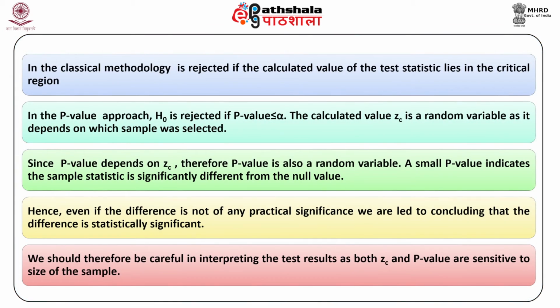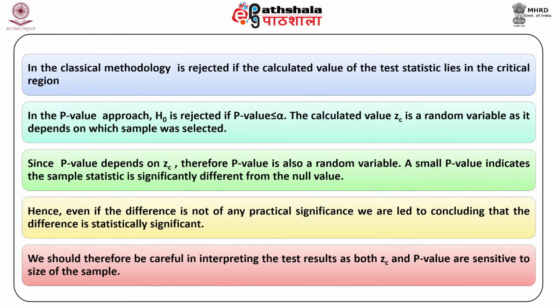In the classical methodology, H0 is rejected if the calculated value of the test statistic lies in the critical region defined by Z alpha or modulus Z alpha by 2. In the p-value approach, hypothesis H0 is rejected if p-value is less than or equal to alpha.